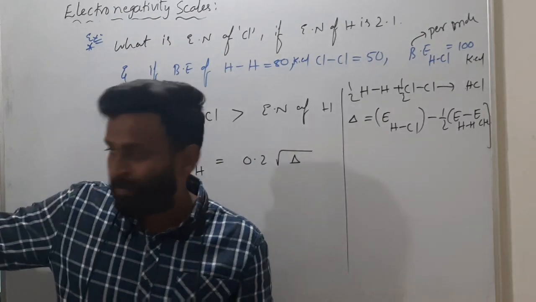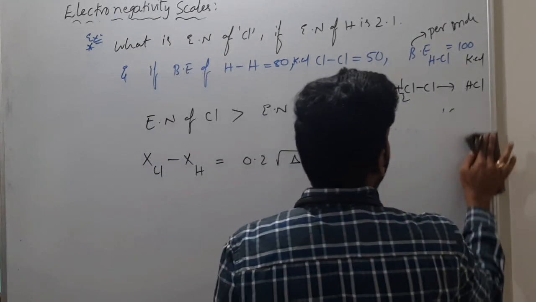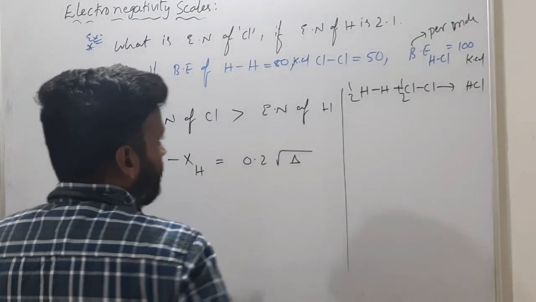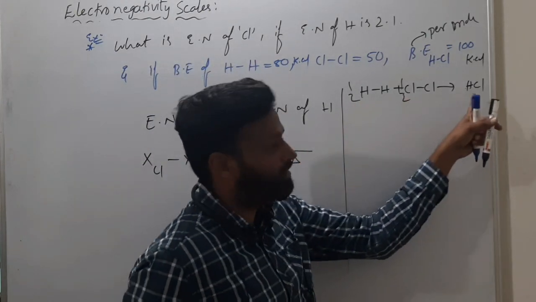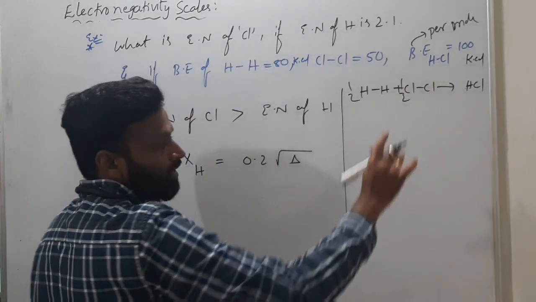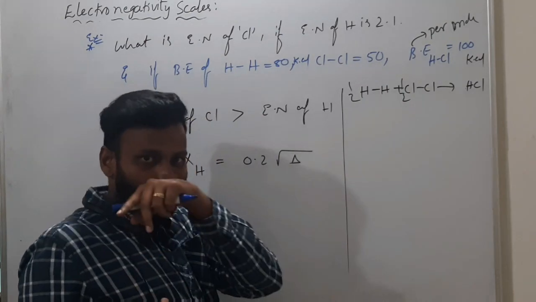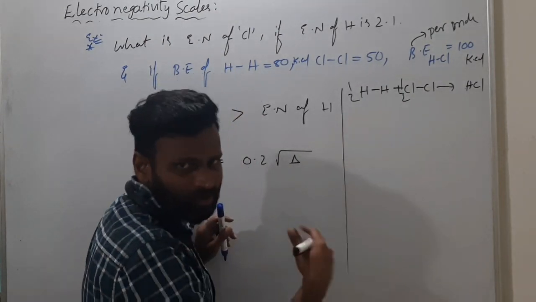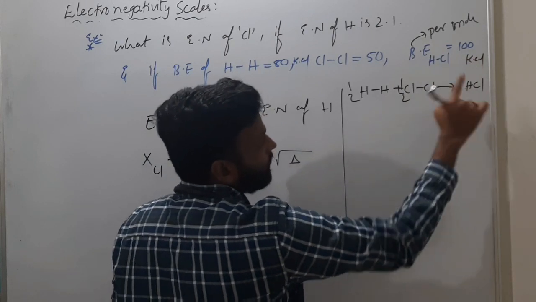Understood what I wrote there? By taking half HH and half ClCl gives rise to HCl, because bond energy means per mole, and per mole means Avogadro number of atoms, which is unnecessary here.